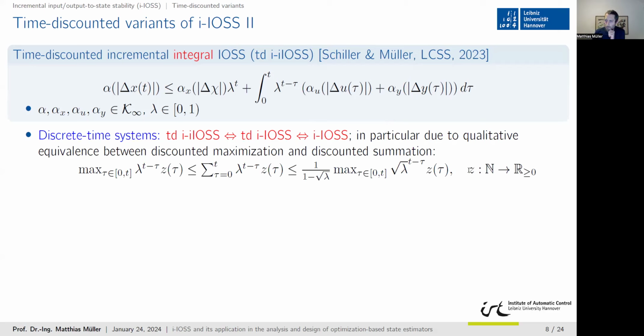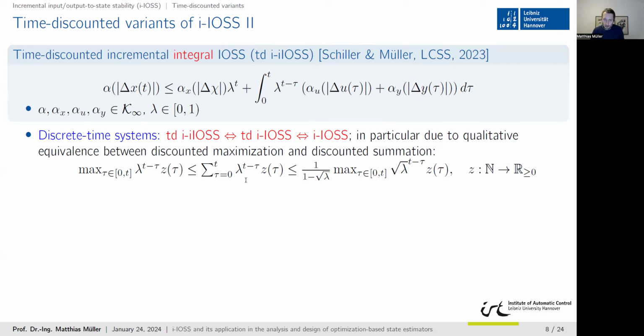Now if I have a discrete time signal z, which maps from the natural numbers to the non-negative real numbers, then if I look at the discounted maximization of that signal in the interval 0 to t, of course, this can trivially be upper bounded by just summing up all these terms, taking the sum from tau equals 0 to t.